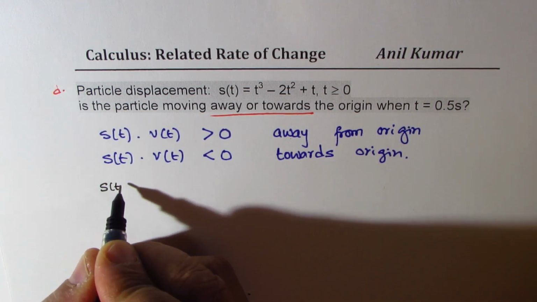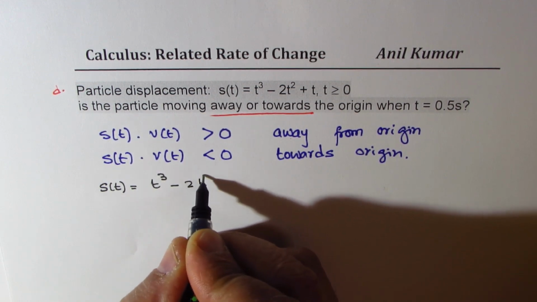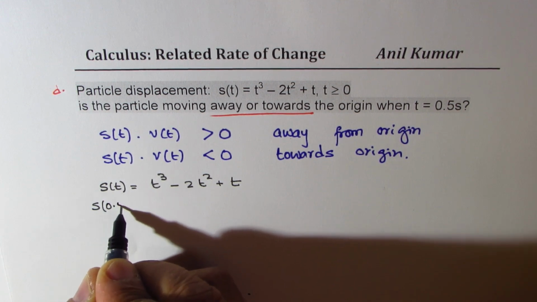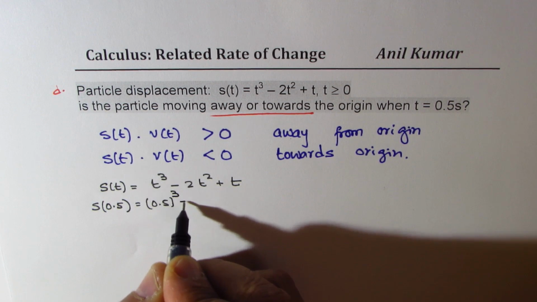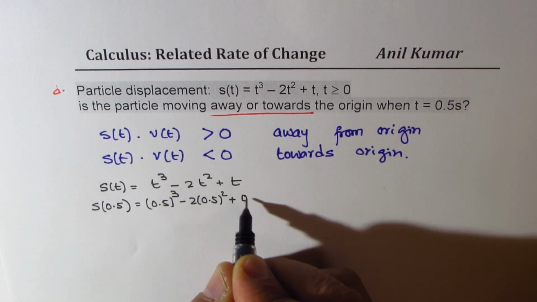So S of t is given to us as t cube minus 2t square plus t. So we can find what S of 0.5 is, right? That is 0.5 cube minus 2 times 0.5 square plus 0.5.